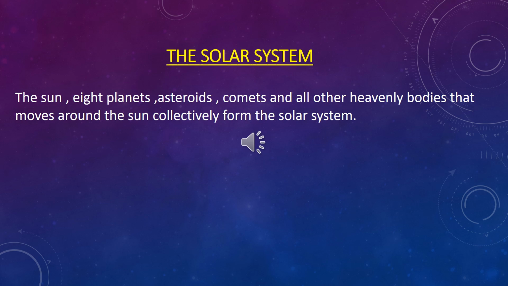Because the Sun is at the center of the solar system and all other planets revolve around the Sun, means they move around the Sun. In short, the members of the solar system are the Sun, planets, satellites, asteroids, meteors and meteorites, and comets.